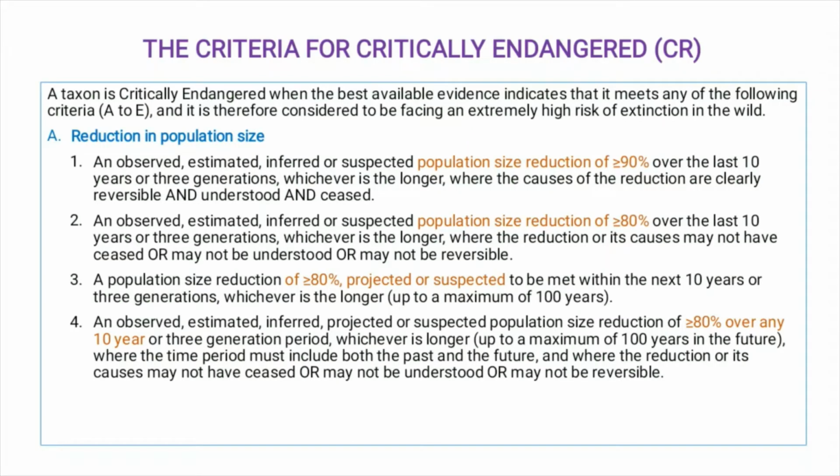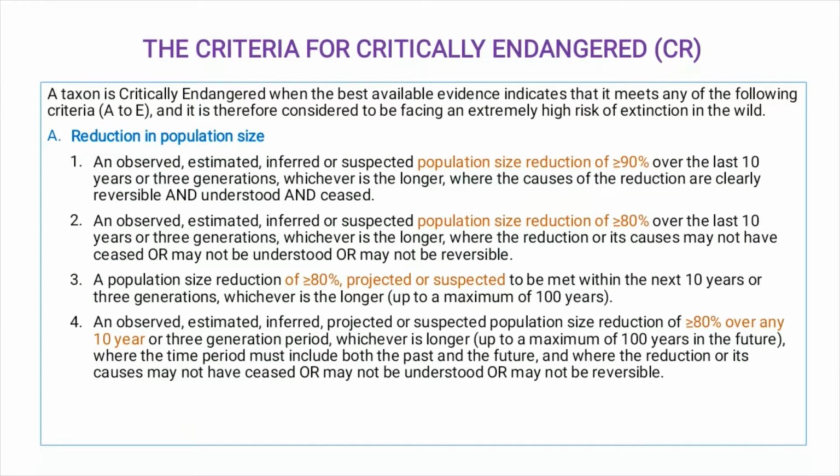If there is more than 80% reduction in the projected or estimated population size in the next 10 years or next 3 generations, then we can declare that the population size of species is reducing and it is critically endangered.